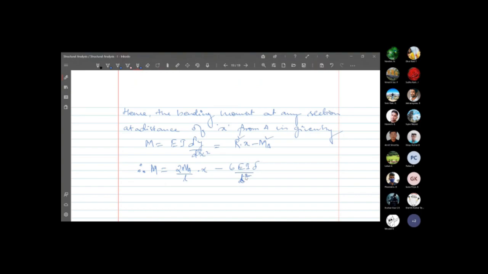Now if I put x equals L here, then what will be M?